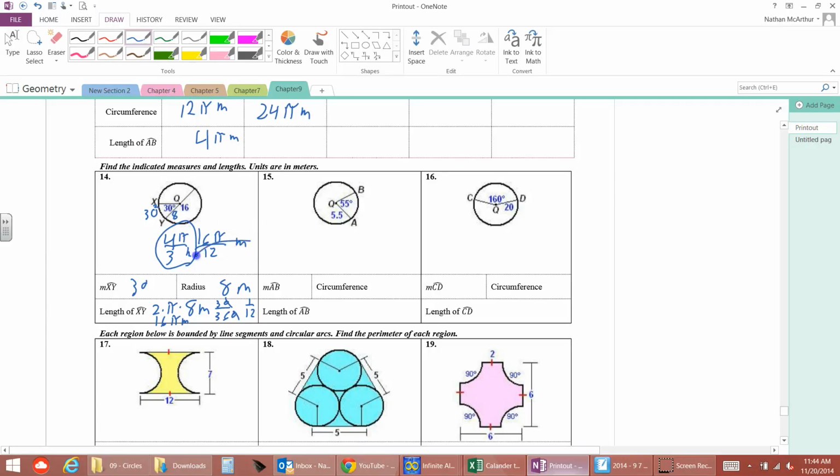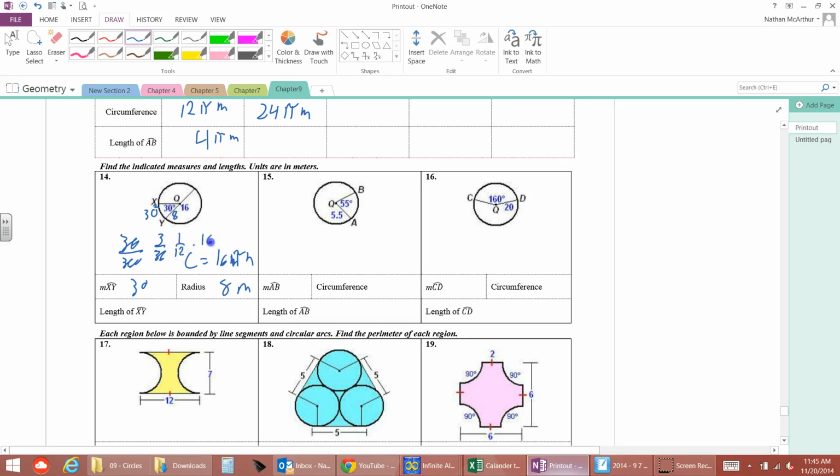So most of this is just the ability to reduce fractions. If you can reduce fractions, then you're golden. If you cannot reduce fractions very well, then let's talk about how we're going to do this one differently. We're going to do them a piece at a time. My radius is 8, so my circumference is 16 pi meters. My length is 30 over 360, and I end up with 3 over 36, which gives me 1 over 12.